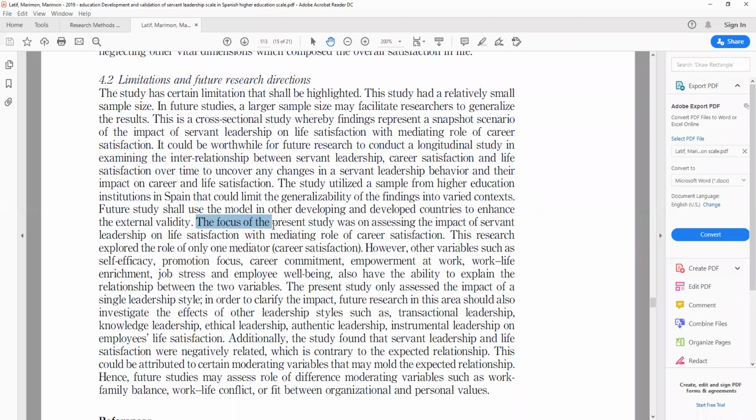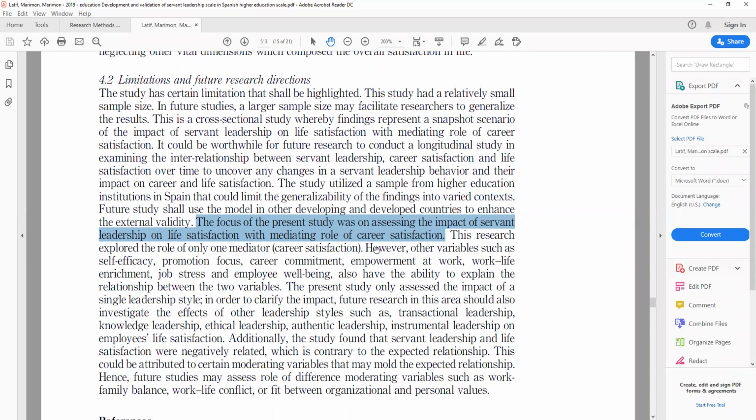Now, the focus of the present study was on assessing the impact of servant leadership on life satisfaction with the mediating role of career satisfaction. So there was one mediator and one dependent variable. We'll be discussing the mediators in detail later. But the study actually assessed the impact of servant leadership on two variables: life satisfaction and career satisfaction.